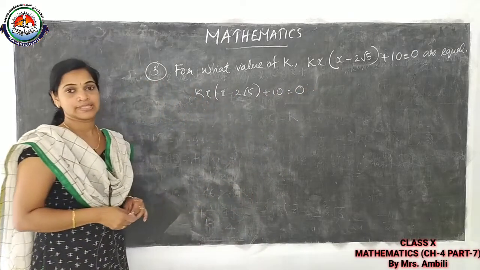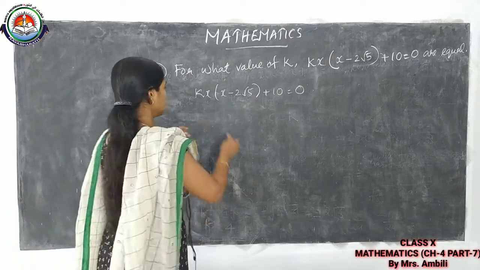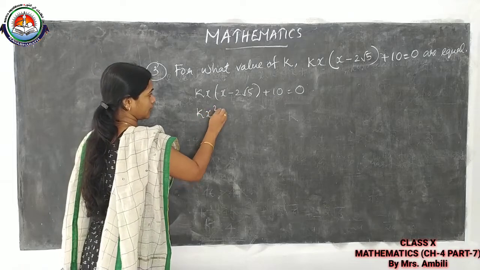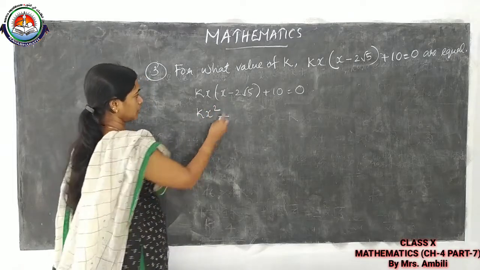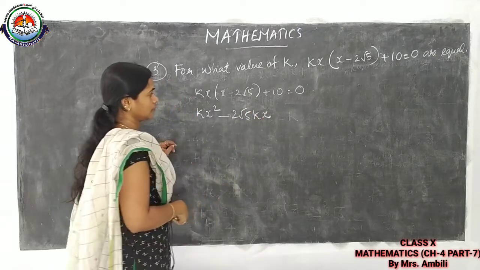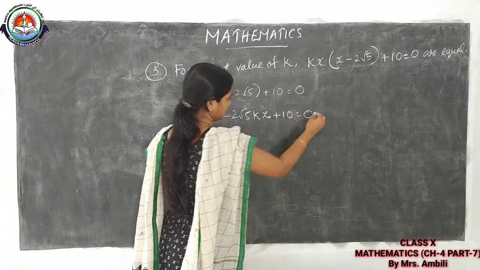So what is our first step? We need to change this into a quadratic equation. So we can multiply it. kx into x, kx square, minus 2 root 5 kx, plus 10 equal to 0.